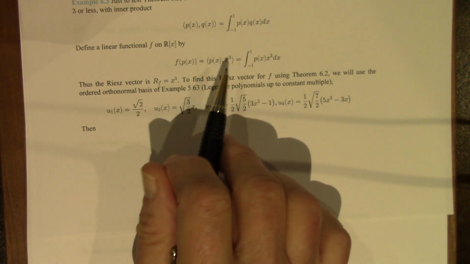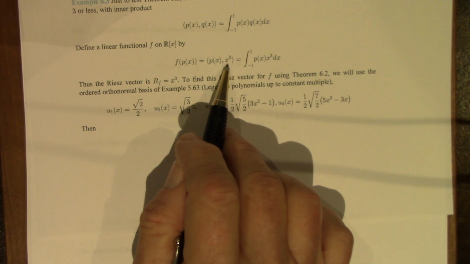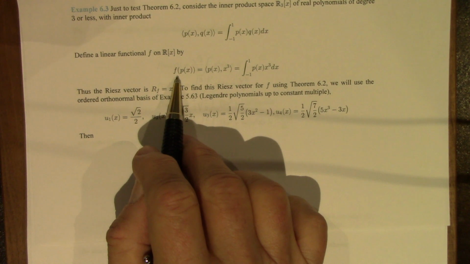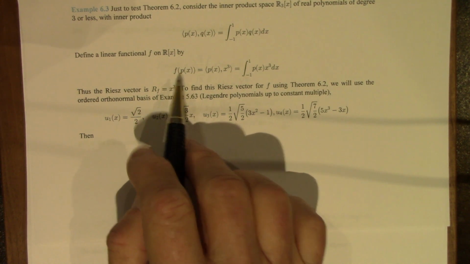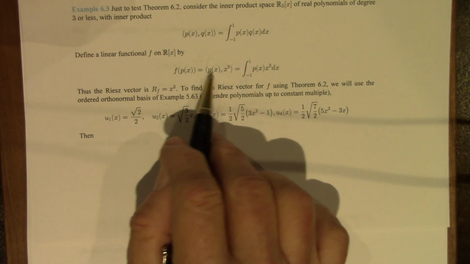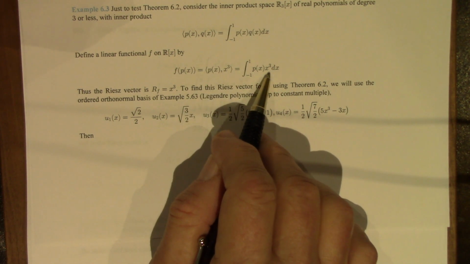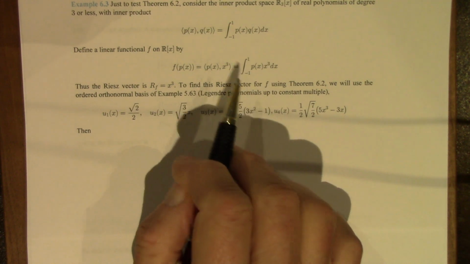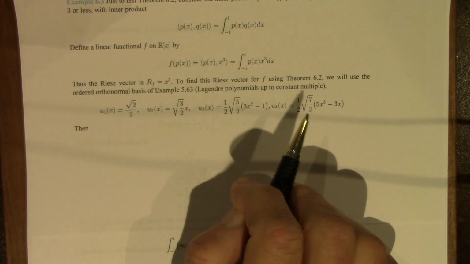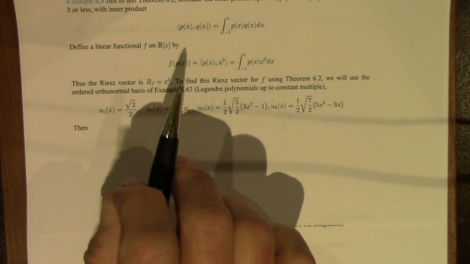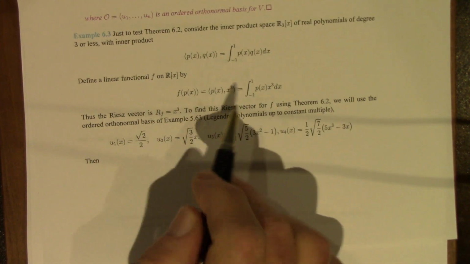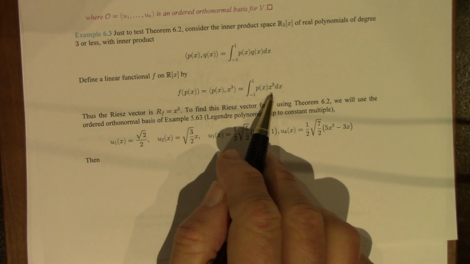And let's pick a Riesz vector, x cubed. So that defines a linear functional by the integral of p(x) times the Riesz vector x cubed. And I'm doing this so that I can test the two formulas we have. We're going to use both of these formulas here to compute the Riesz vector, and it better come out x cubed.